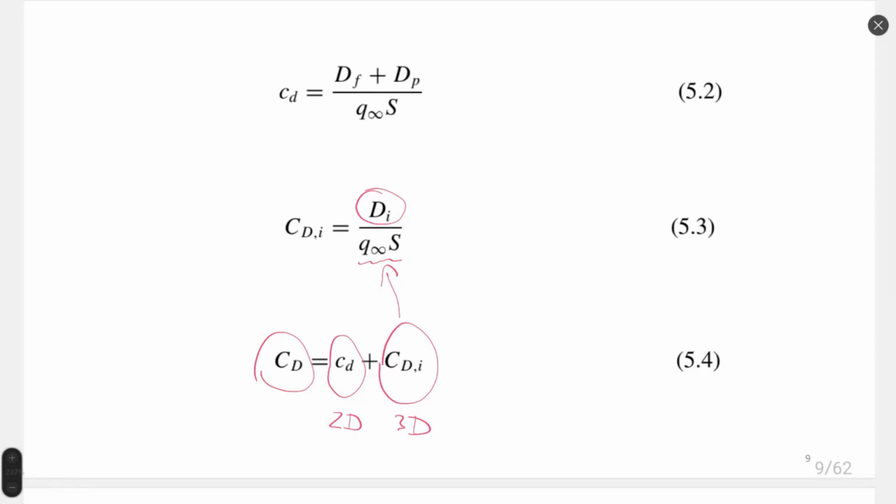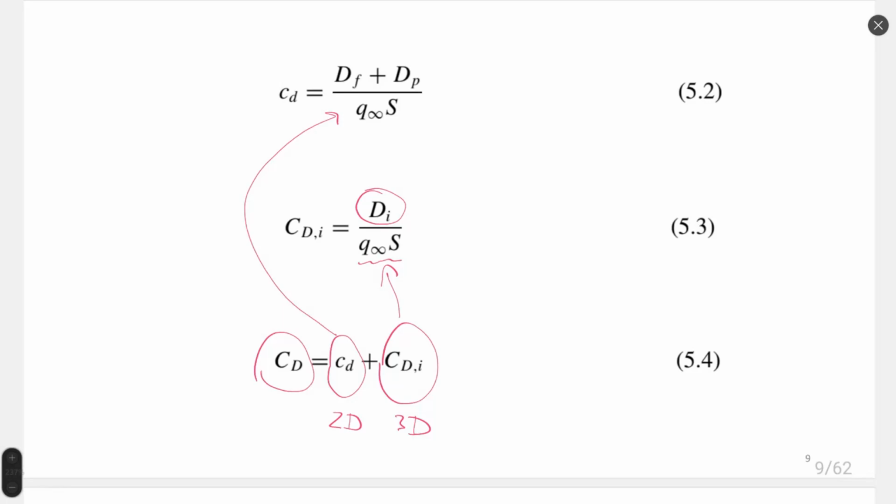And the classical drag coefficient, as we know from before, presented in equation 5.2, is composed of two drags.